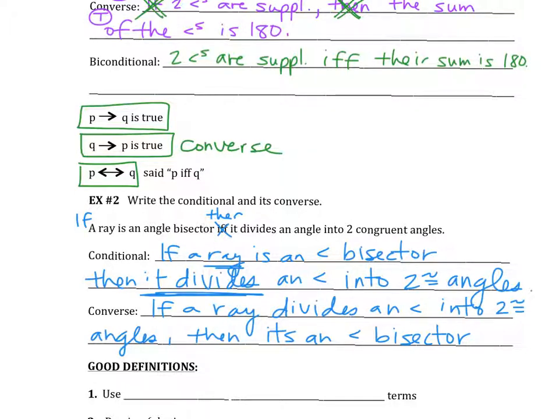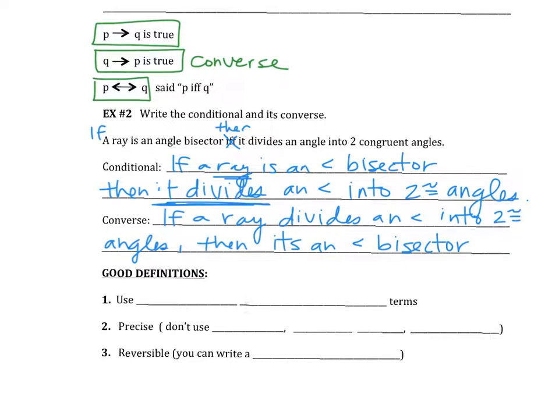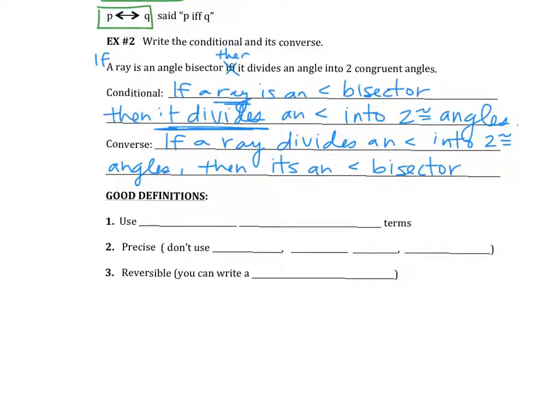Okay? Questions on that? Okay, so sometimes you'll be given the biconditional, you have to get the converse and the conditional. Sometimes you'll be given the conditional and its converse, and you'll have to make the biconditional. Okay?